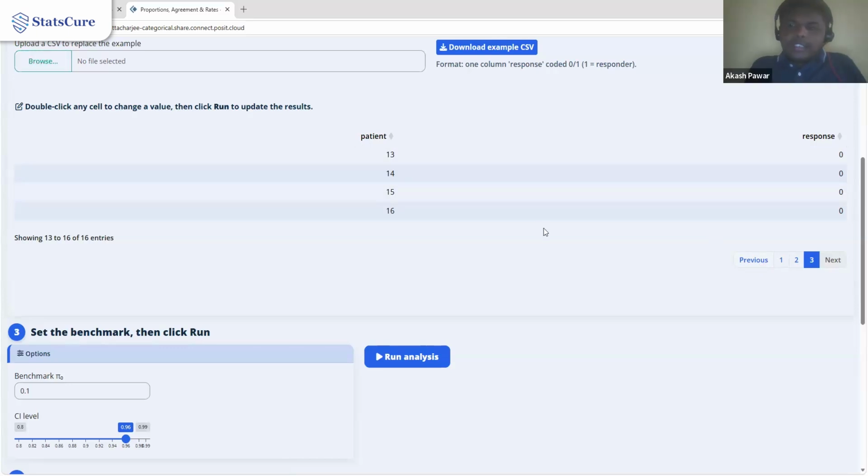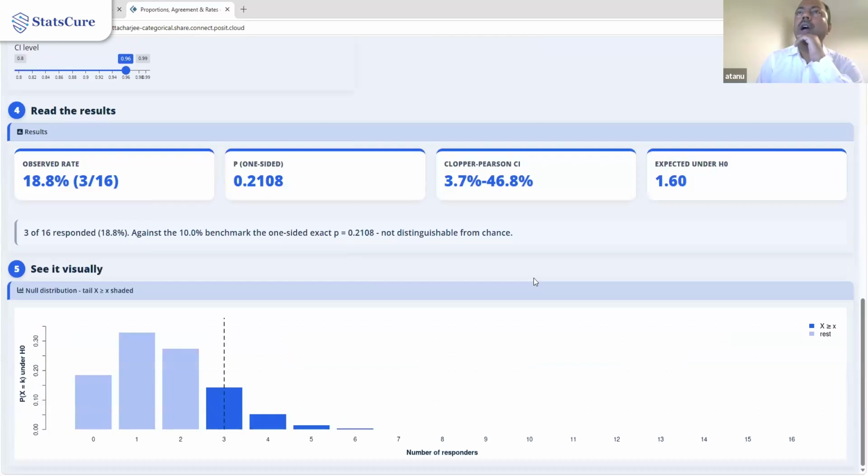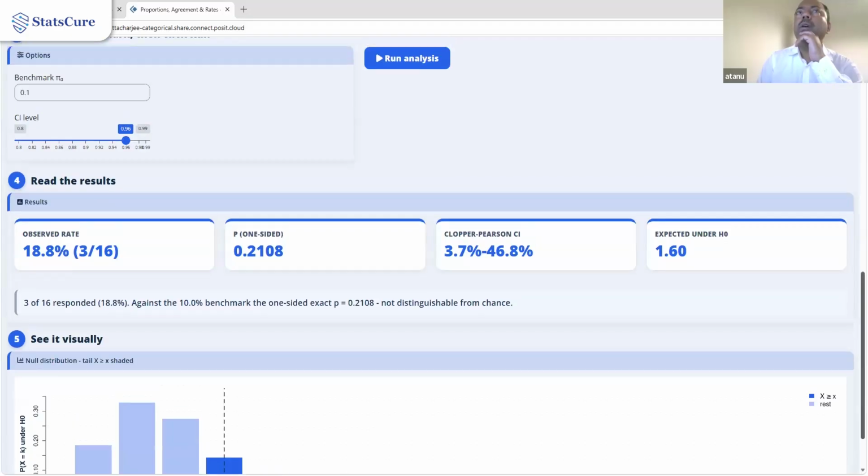What is benchmark? Someone is asking. Okay. So benchmark is basically deciding an arbitrary value for the level of acceptance region.